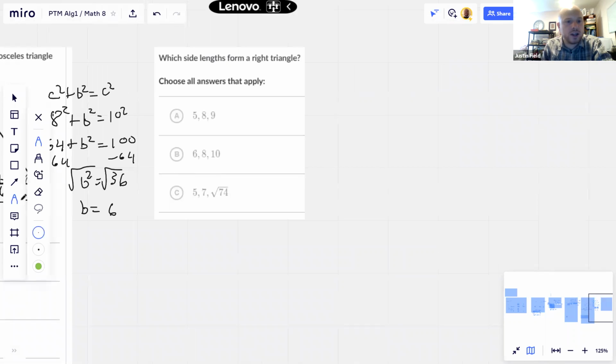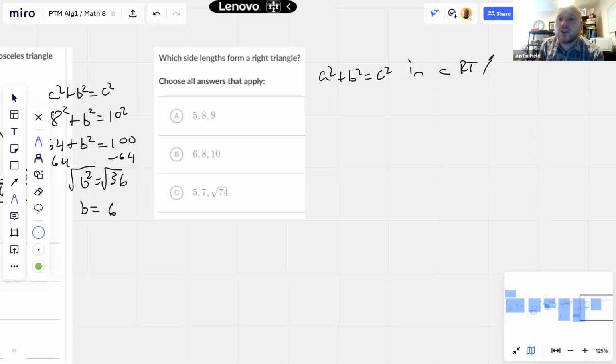And the last one is just playing around a little bit with the Pythagorean theorem. So a squared plus b squared equals c squared in a right triangle, but not in an acute or an obtuse triangle.